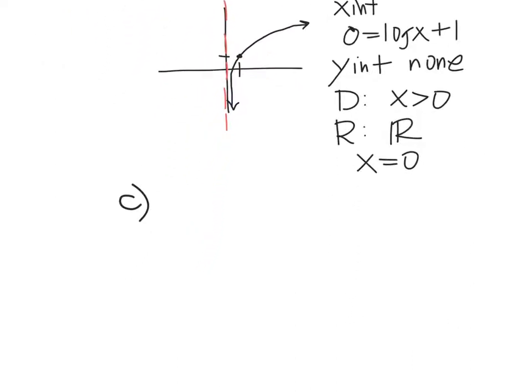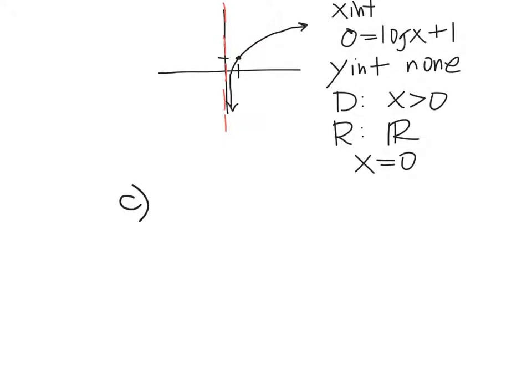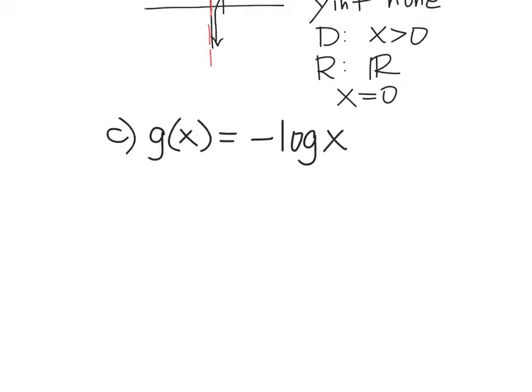One more. What if I ended up doing, let's do g of x equals negative log of x. Negative log of x. Okay, there's a difference between negative log of x and log of negative x. Very big difference. This one right here is a reflection over what? Do you remember?